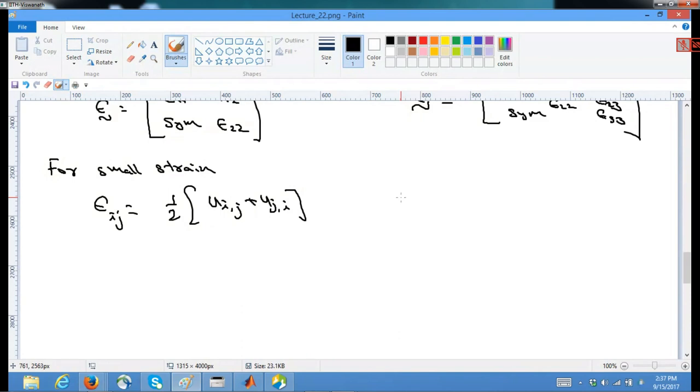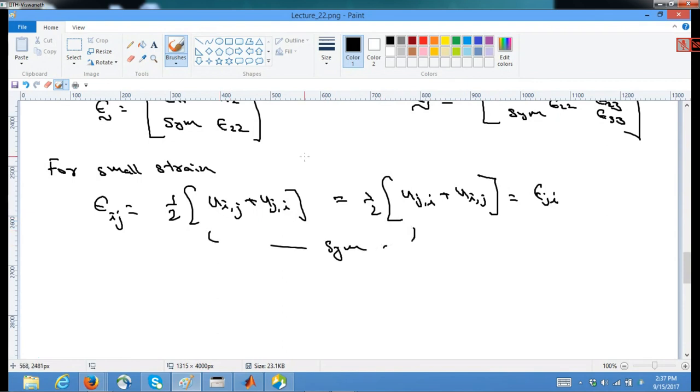So if I interchange it, this would be u_j,i + u_i,j. That means it is epsilon_ji. So this is by definition itself symmetric. Whereas the stress is symmetric because of the satisfaction of the angular momentum balance for materials with no body moments that are present in the system.